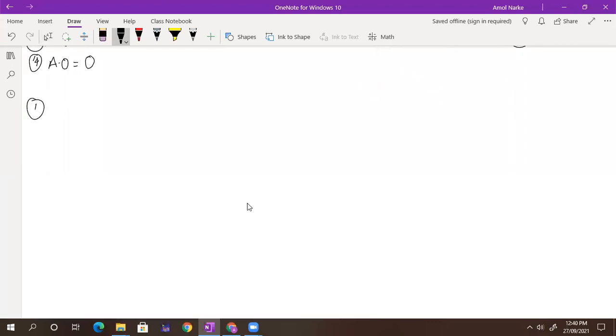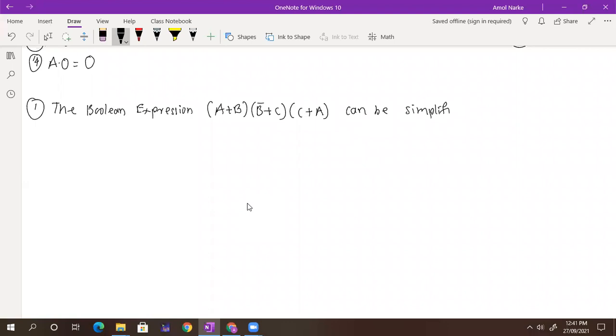Number 1: the Boolean expression (A plus B)(B bar plus C)(C plus E) can be simplified as, number 1. Now I have given 4 options.